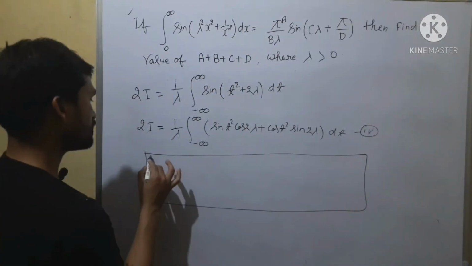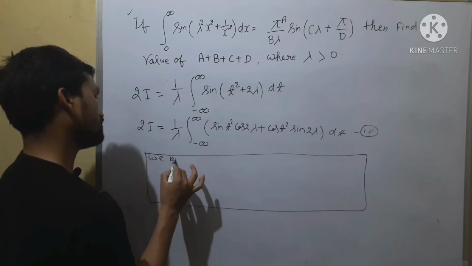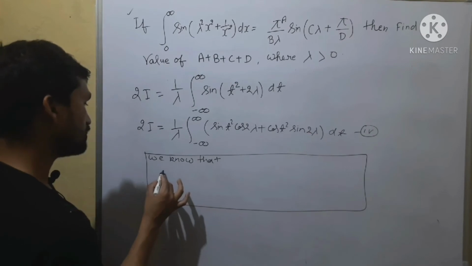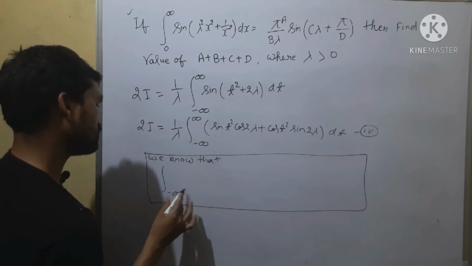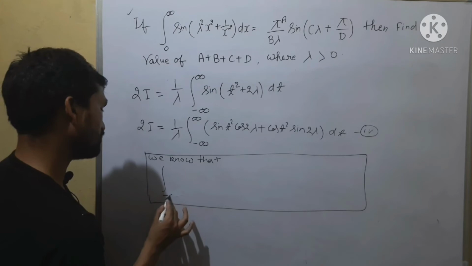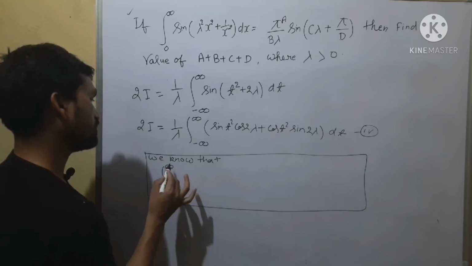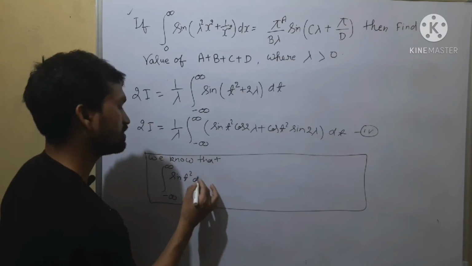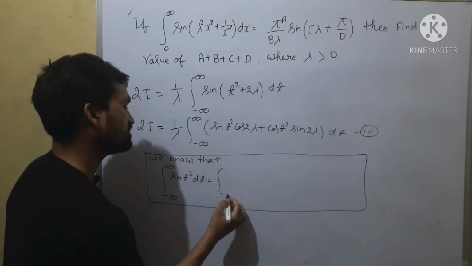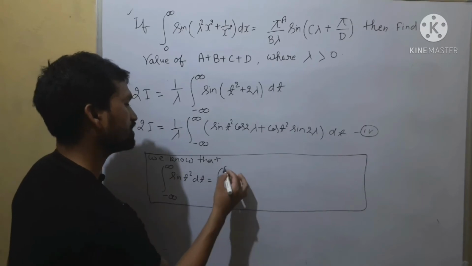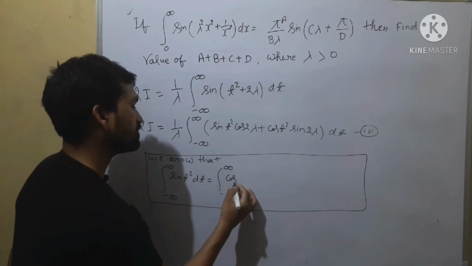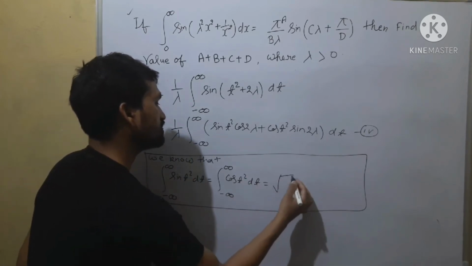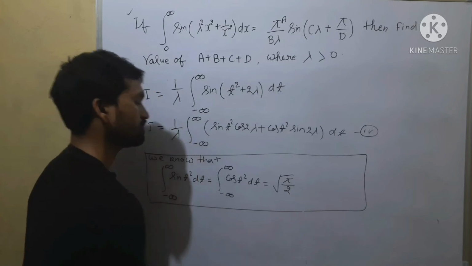We know that the integral from minus infinity to plus infinity of sin of t square dt is equal to the integral from minus infinity to plus infinity of cos of t square dt, which is equal to square root of pi by 2.